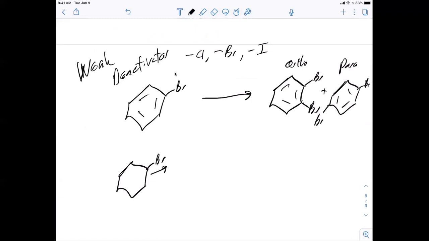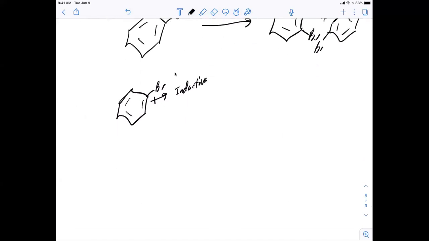Okay. Now, why is it a deactivator? It's a deactivator because the dipole moment is pulling electron density out of the ring. This is inductive. Right off the bat, it's pulling electron density out of the ring, so the nucleophilicity of that benzene ring is already decreased. So even before we get to the transition state, this is a less nucleophilic group because of that inductive effect.